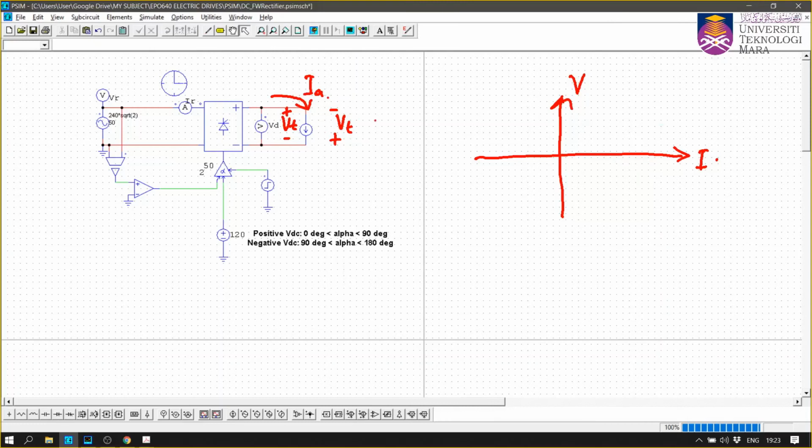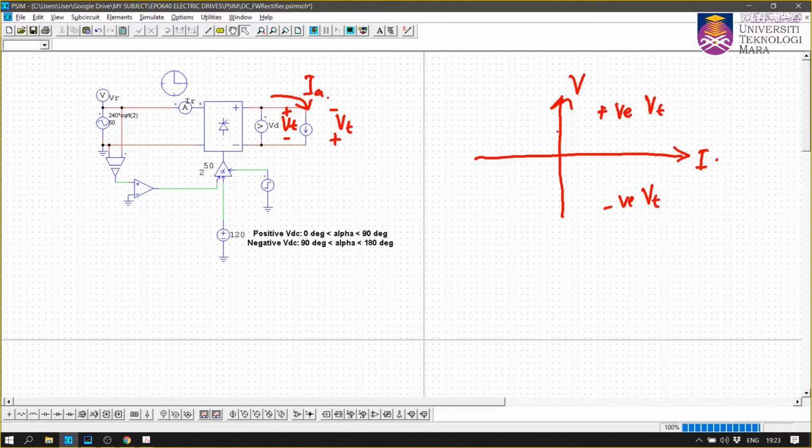But the voltage Vt can be positive or negative.